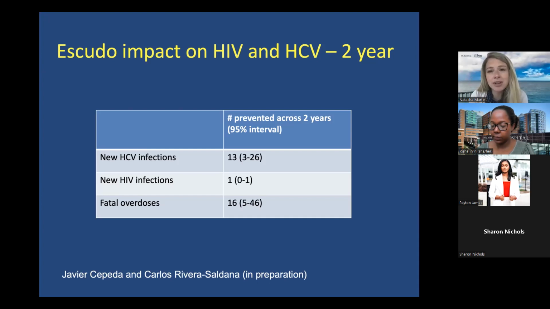And just in 2 years, we see that the modeling predicts that the intervention prevented 13 new hepatitis C infections, 1 new HIV infection, and 16 fatal overdoses. So, all right, not a lot of HIV infections. The HIV incidence, HIV prevalence is relatively low. And we can use the modeling to say, well, what does all of this mean in terms of a total health value, the total health benefit that we're getting?